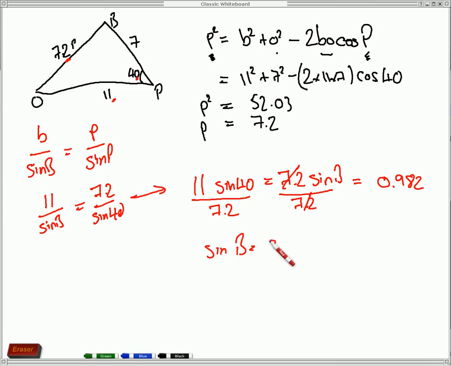Sine b equals 0.982. Use the inverse sine function on the calculator. Gives me the angle b equals 79.1 degrees. So that there is 79.1 degrees. And again from there, it's pretty straightforward.